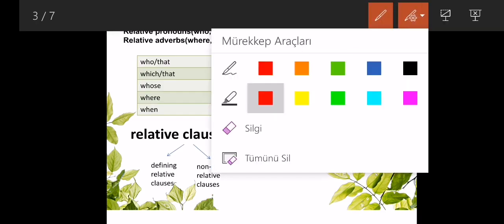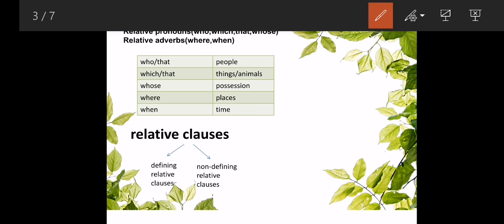So we need to introduce relative clauses. To form a basic relative clause, we need some relative pronouns or relative adverbs. What are these relative pronouns or relative adverbs? Relative pronouns are who, which, that, and whose.